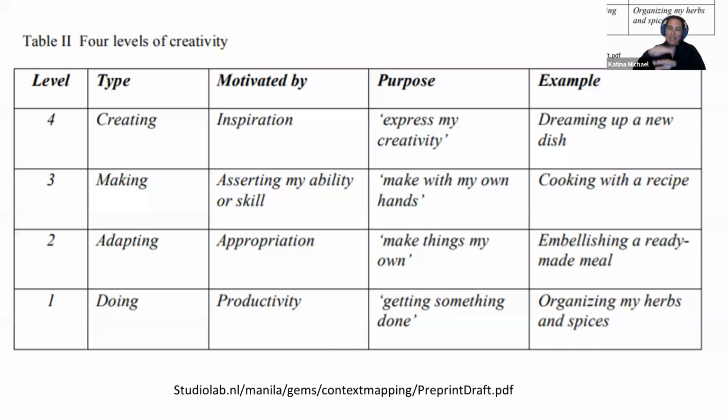So there's this level of creativity, a bit like Bloom's taxonomy, where you start with your normal run of the mill right through to, I've got this amazing magic I can weave using my wand, and that's expressing my creativity rather than just getting something done. We were there years ago. It was just about getting it done. And some organizations still operate like that. Just get it done, forget about the dreaming.